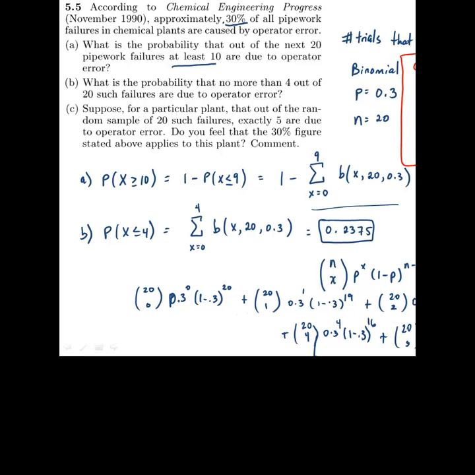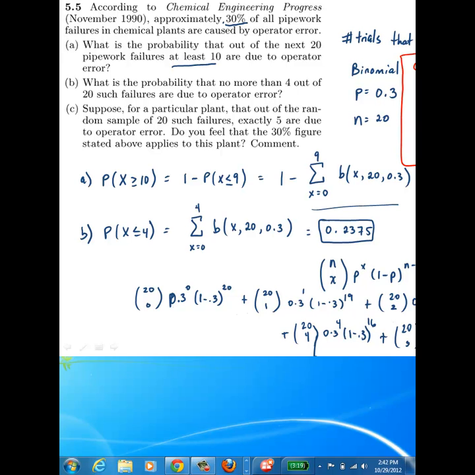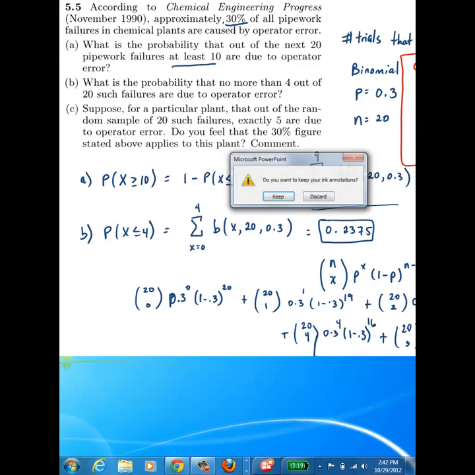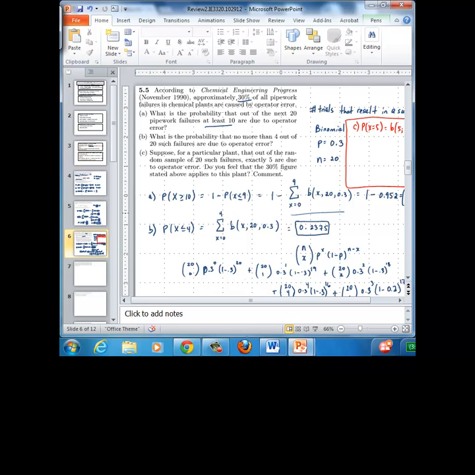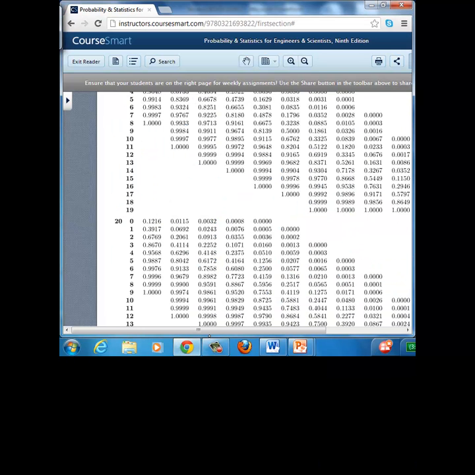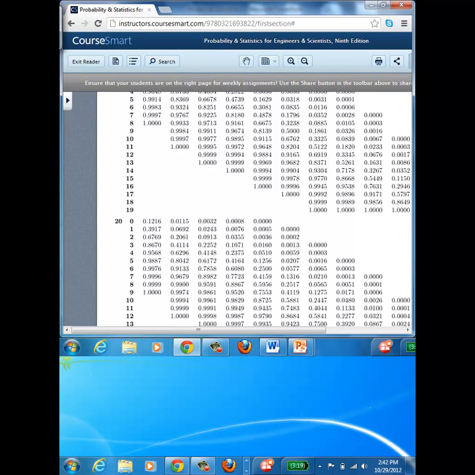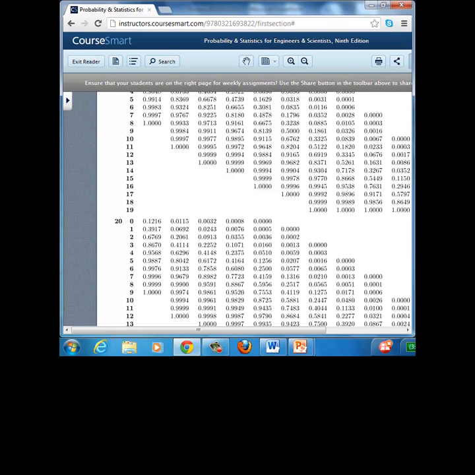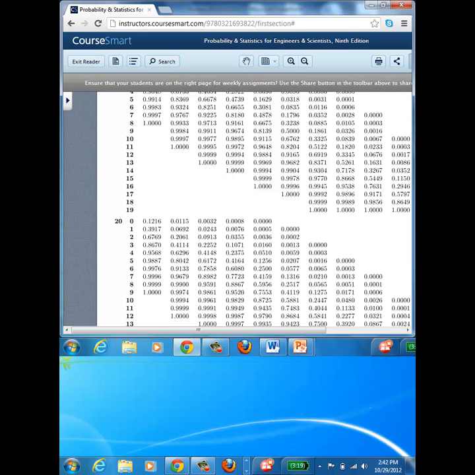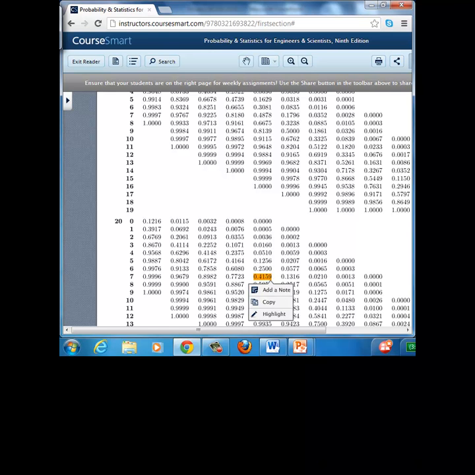So if you use a table, we have that for x equals 5 and 0.3, that will be 0.4164. Is that the number that you will use?